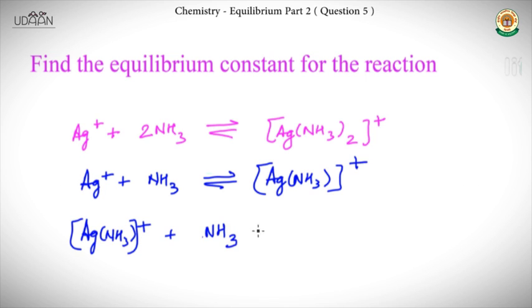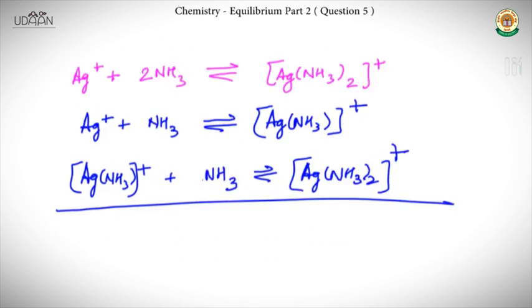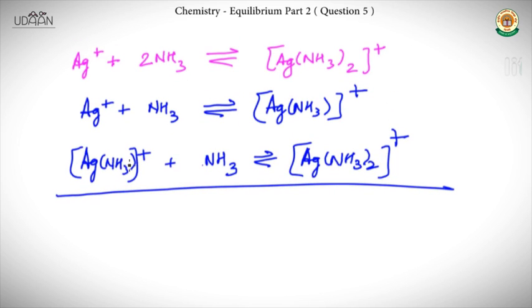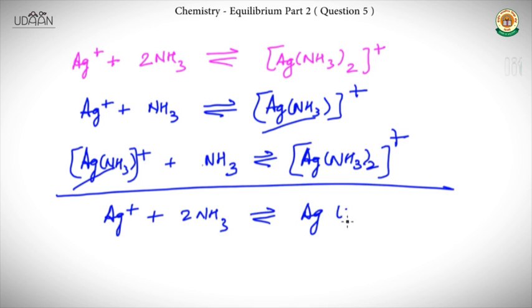I'm sorry, yeah, this is NH3, Ag(NH3)2+. Yeah. If I add these two reactions, we'll see that this and this will get cancelled, and these two will get added. So I get Ag+ plus 2NH3 is in equilibrium with Ag(NH3)2+.